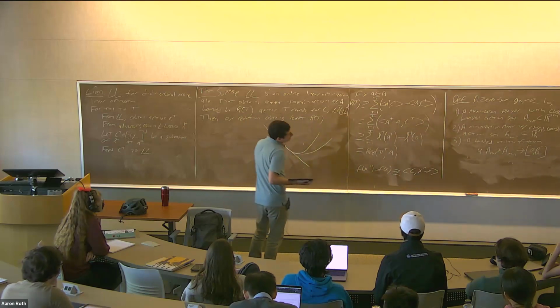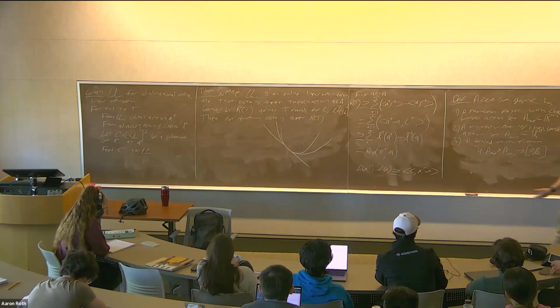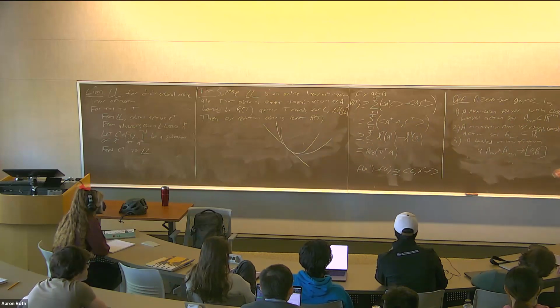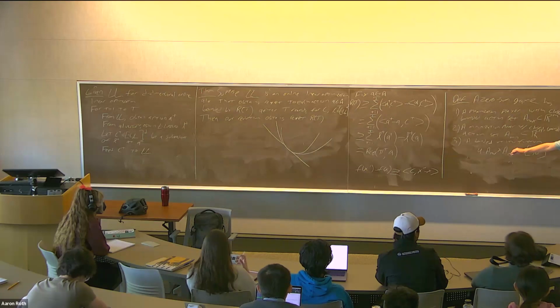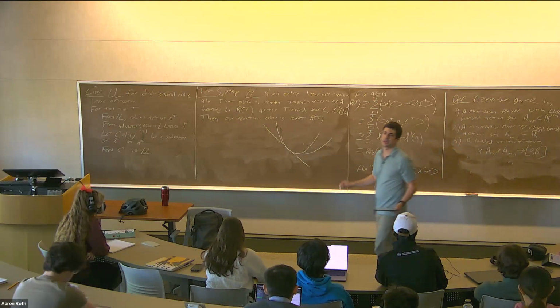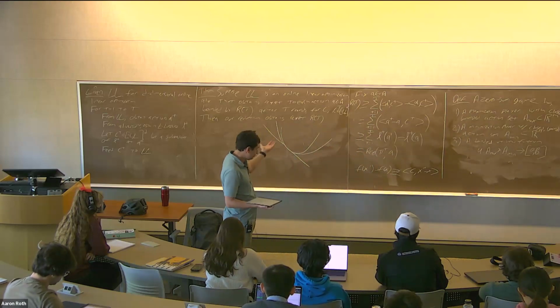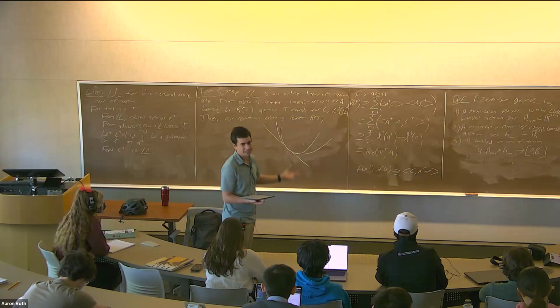As their names suggest, Max would like to play so as to make the number that comes out of this function big, and Min would like to play so as to make the number that comes out of this function small. A priori, it's not clear how they should do that.